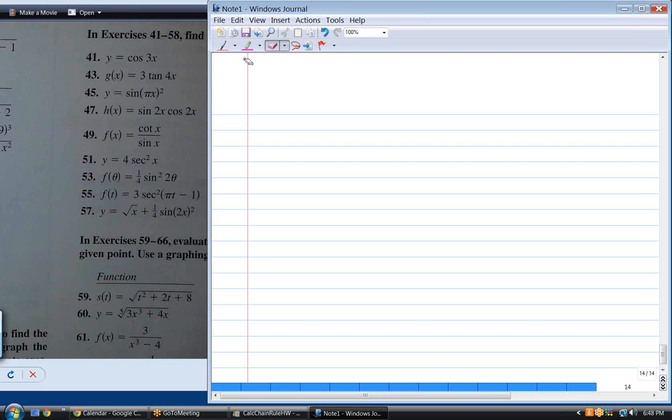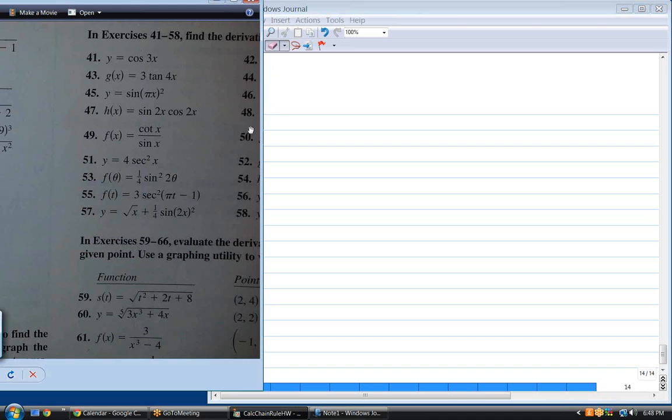I want to give you some homework, and the homework I'm going to give you is the even numbered questions on this page. Okay? Since my photograph didn't show those, and we've been working on the odd ones during this session, in the next 11 minutes I'm going to go down and do some of these down here. So I think it's probably appropriate for you to do some homework on the chain rule for this coming week.